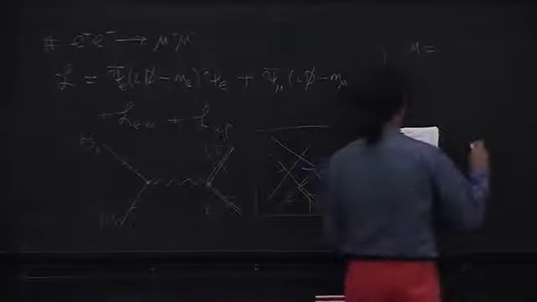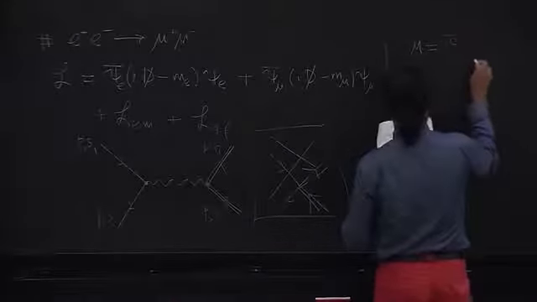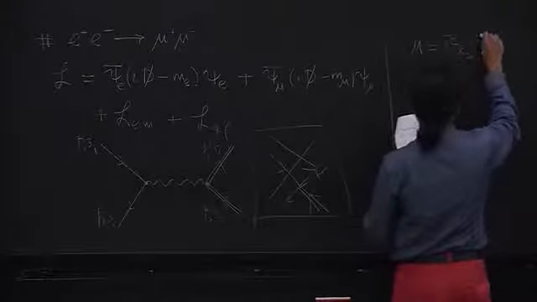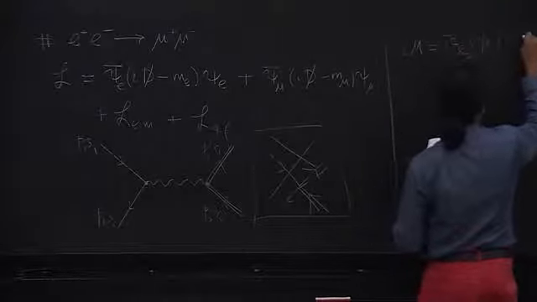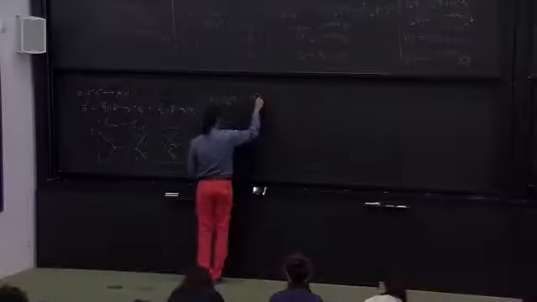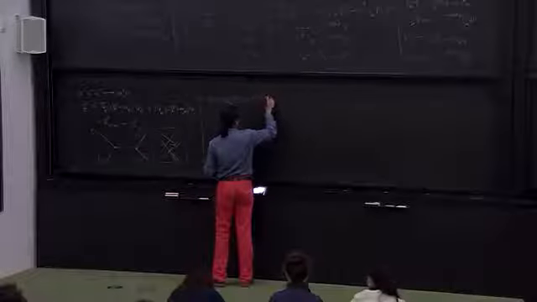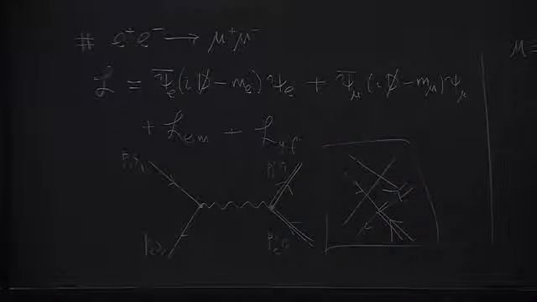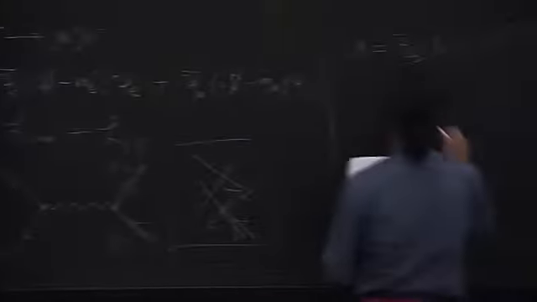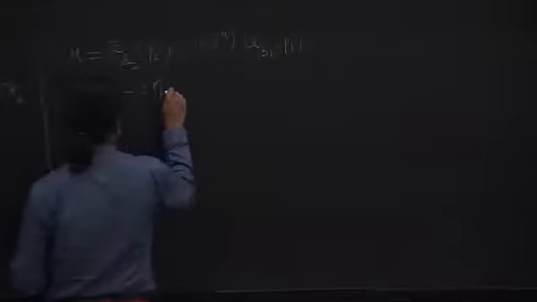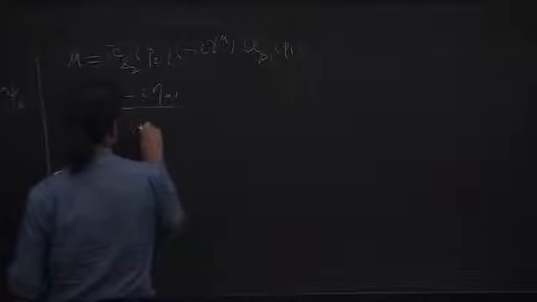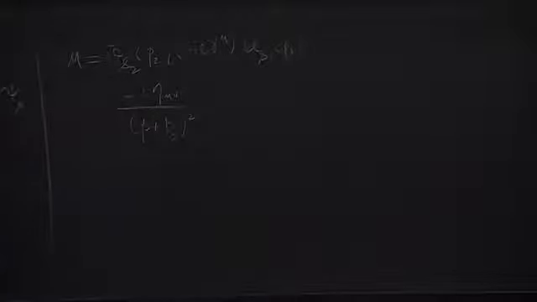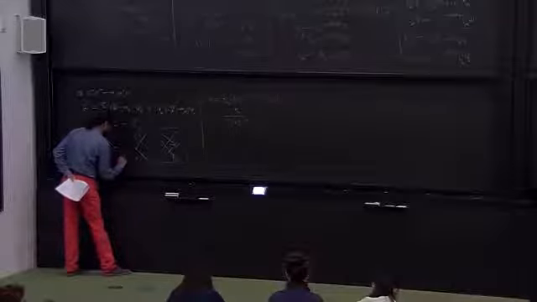This is a positron, so we have V bar S2 P2, minus i e gamma mu, U of S1 of P1, and minus i eta mu nu over P1 plus P2 squared, because that's what's going through here, P1 plus P2.